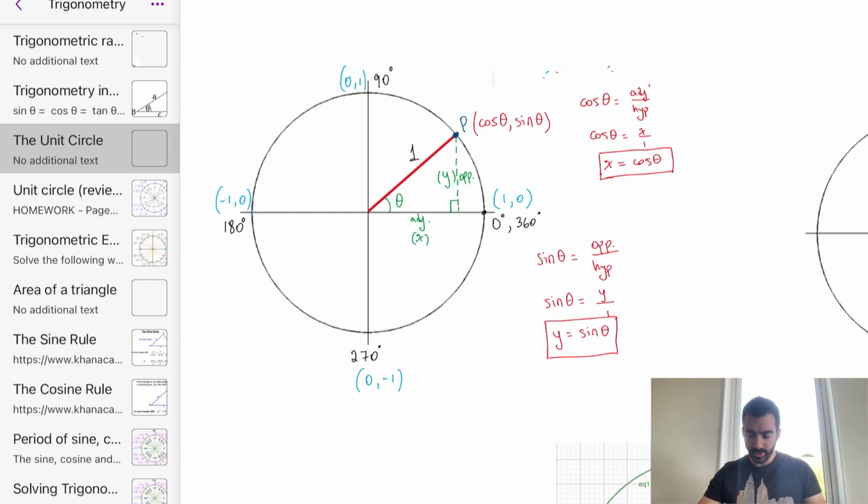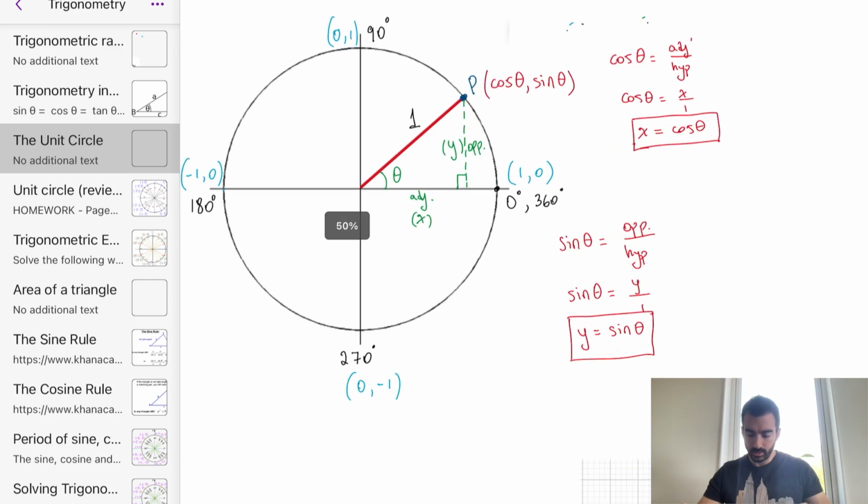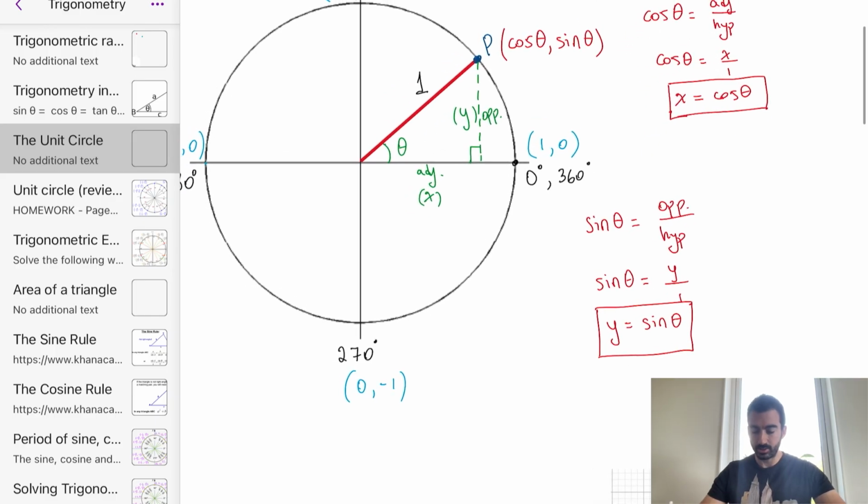Now, having this information, knowing that the opposite is the sine theta, or the y is the sine of theta, and the adjacent is cosine of theta, these distances are cos theta and sine of theta.